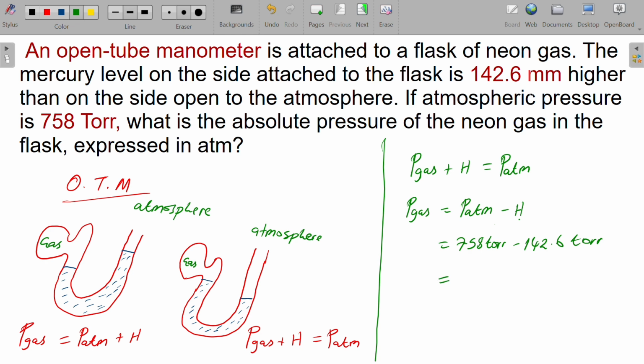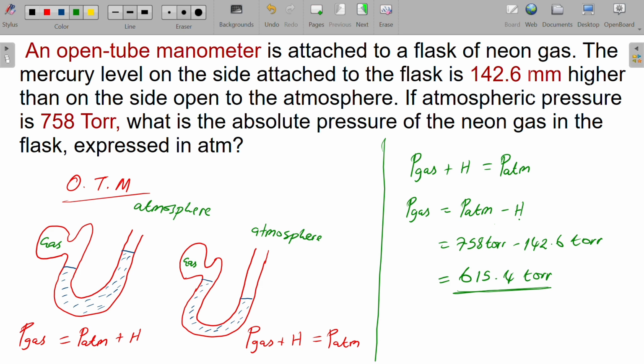Doing our mathematics there, we'll have 758 minus 142.6. We are having a pressure of 615.4 torrs. So this is the pressure of gas in torrs.